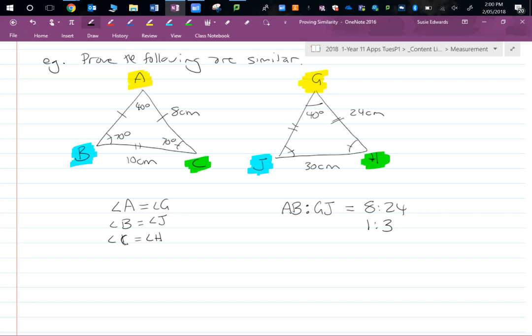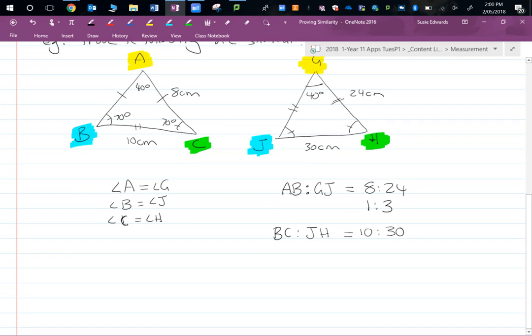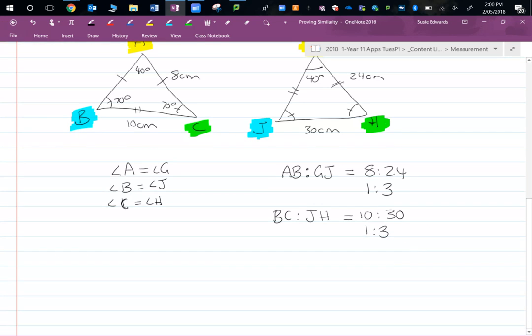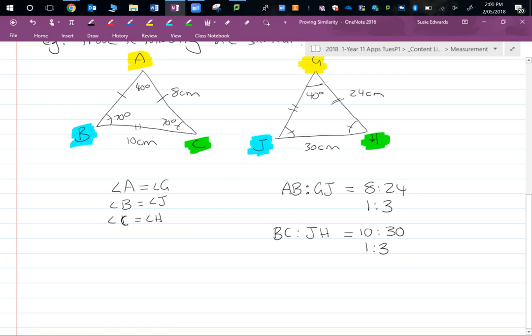So let's go BC, the ratio of B to C, which is therefore in ratio to JH, blue to green, is equal to 10 to 30, which is the same as saying, when I simplify it down, it becomes 1 to 3. So this is how we're proving that the ratios are the same.